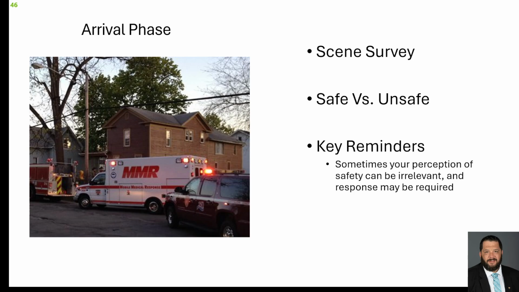Or you arrive on scene and it looks like the home, especially the exterior of the home, is unkept. There's trash maybe on the doorstep or on the patio of the home. There are things that tell you that patient is probably not as mobile.